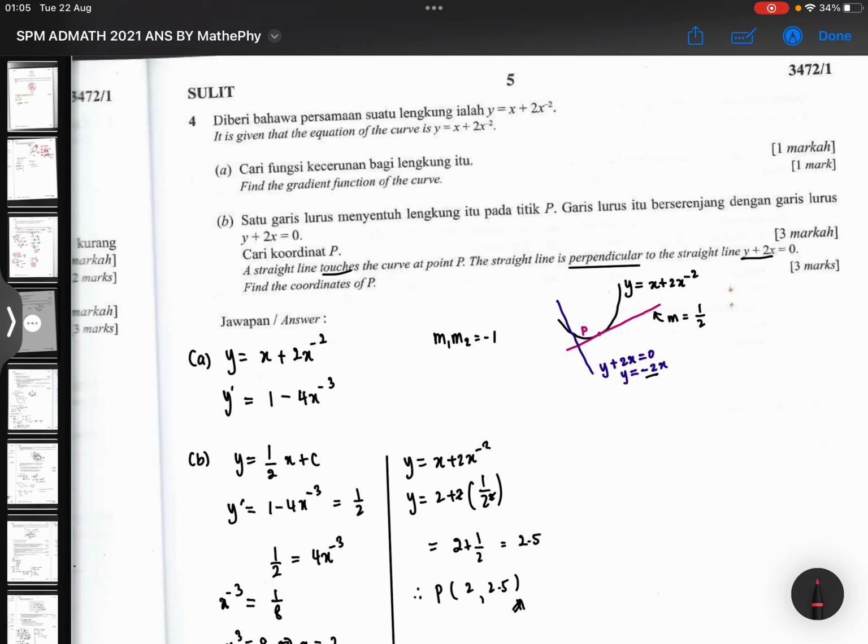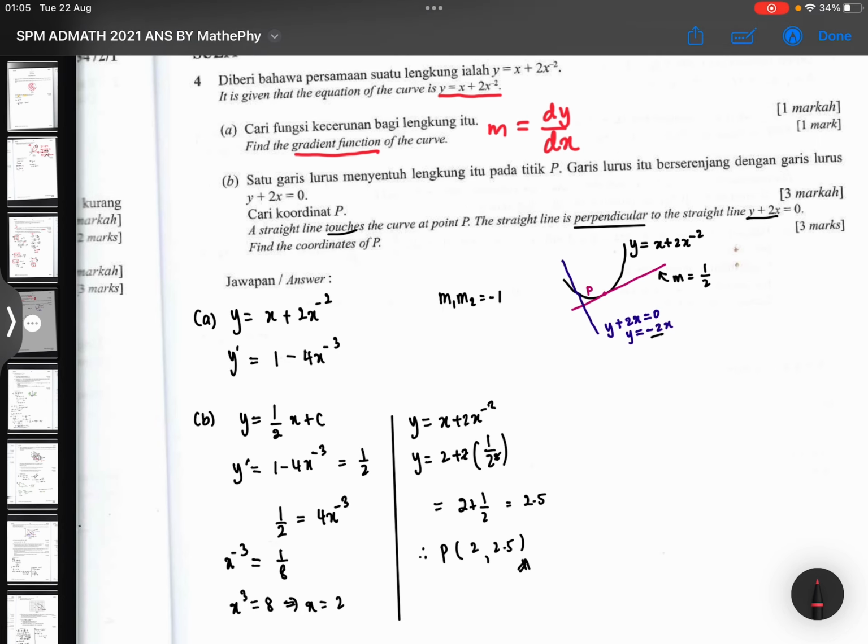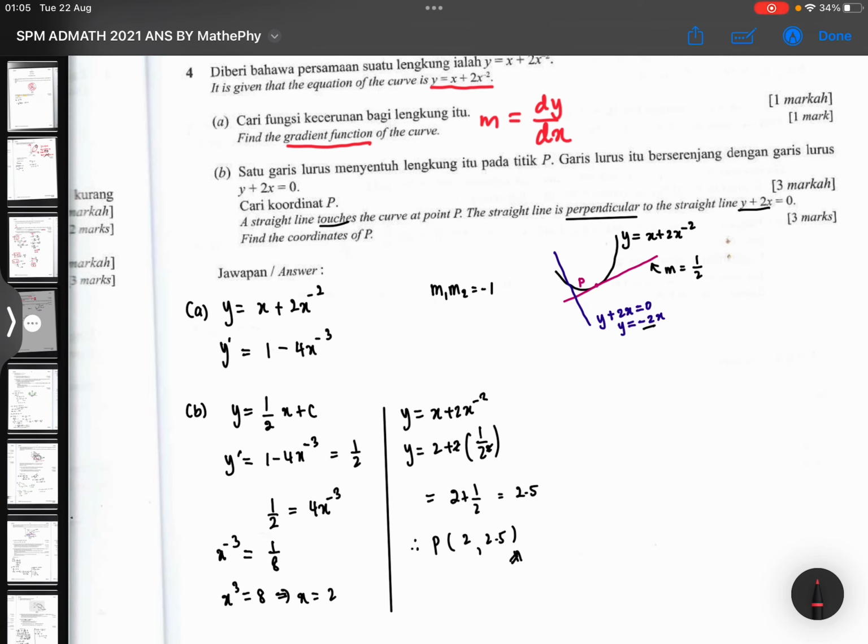Okay, so for question 4, it is given that the equation of the curve is this, and you want to find the gradient function. The gradient function is basically the gradient, which is dy/dx. That's the definition of the gradient, so just find the derivative. For B, the line touches at point P, and the straight line is perpendicular to the other straight line.